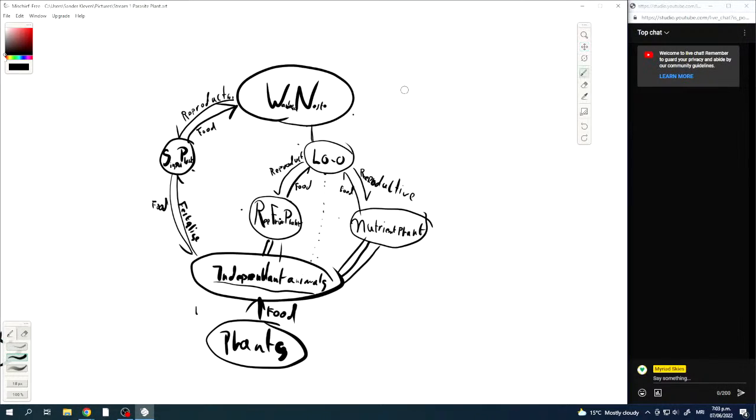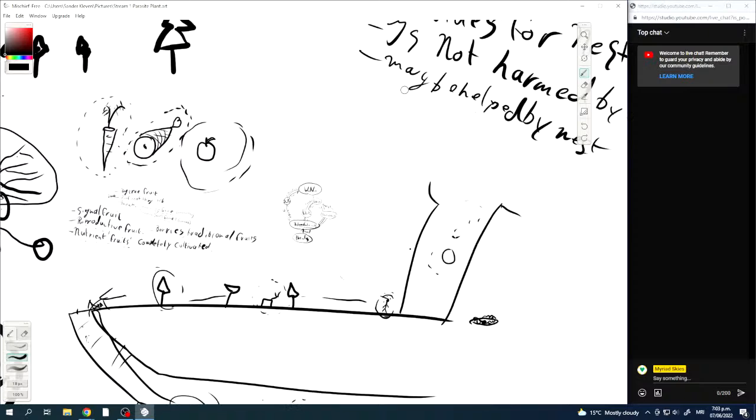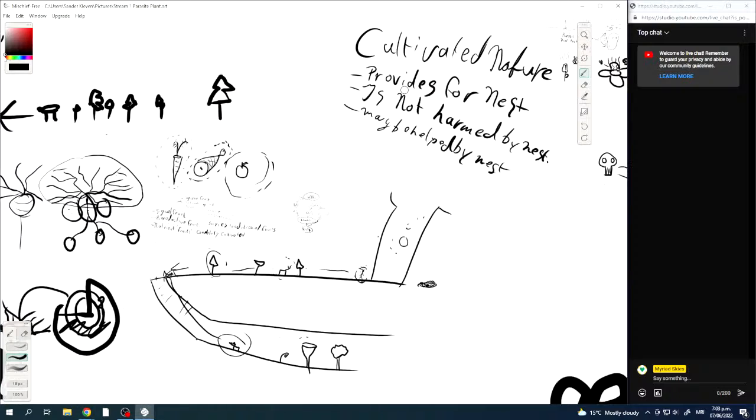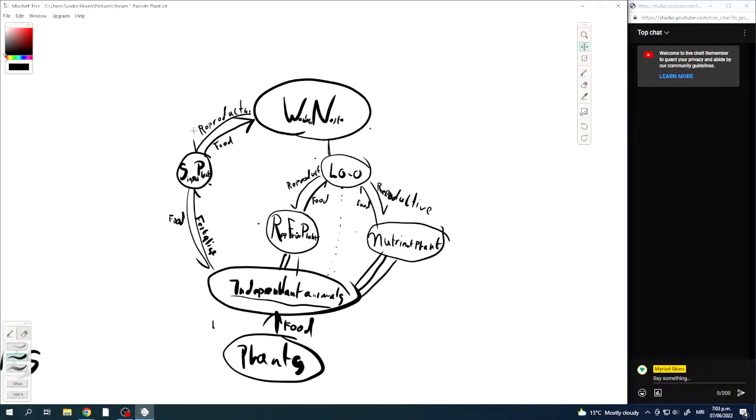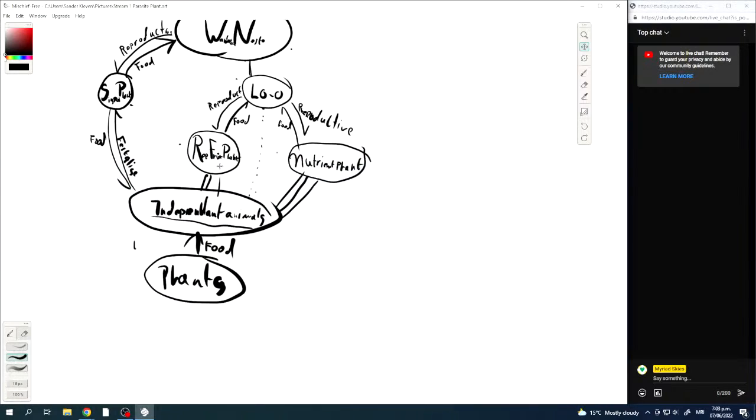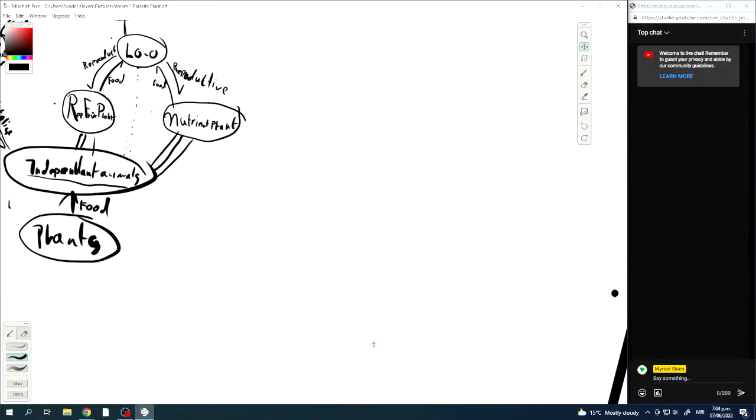So previously we have been touching upon some of the necessities of life. There's the cultivated region, which is the cultivated nature, which is above.